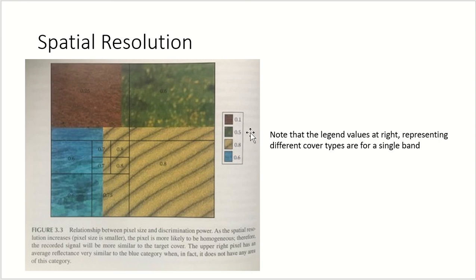So it would be 0.5 times 0.75 plus 0.8 times 0.25, so long as those proportional coefficients sum to 1 or account for the total footprint. We'll get into that in a little bit.